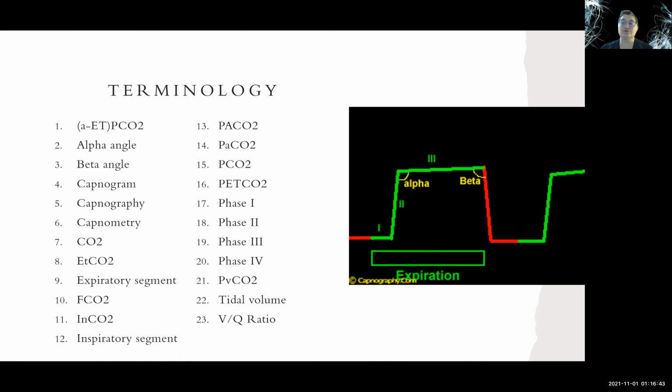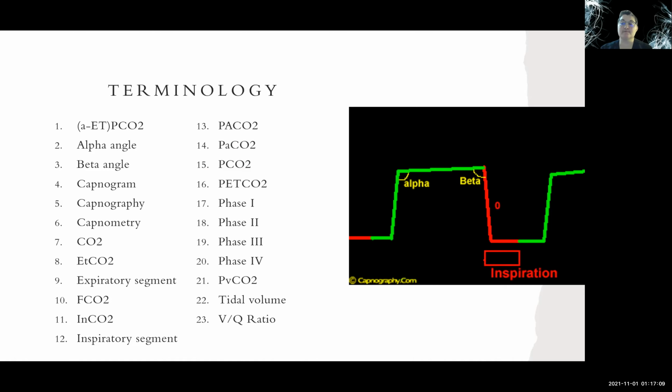Next is capnogram. This is the name we're going to use for the CO2 digital waveform. So like this picture, if this was just a constant running image on our monitoring machine, this would be a capnogram. Now there are two main types. One is timed or time capnography, and the other is exhaled volume or volume capnography.